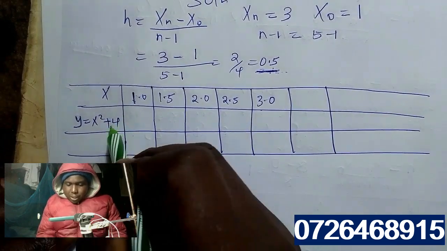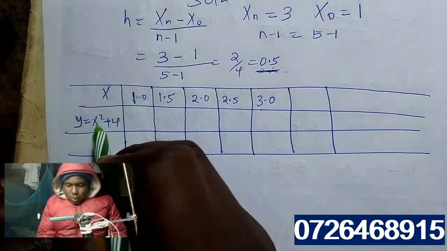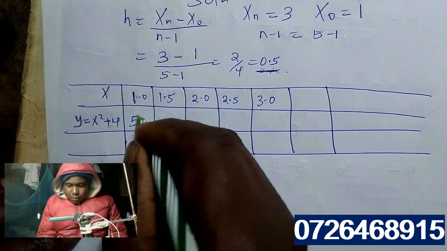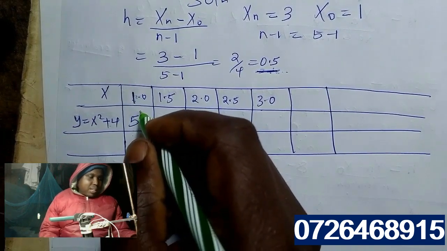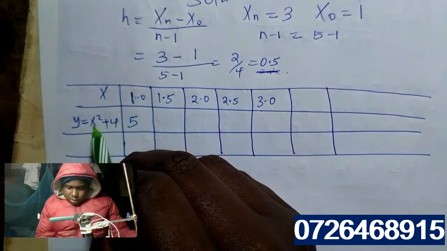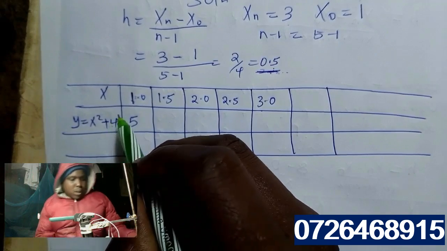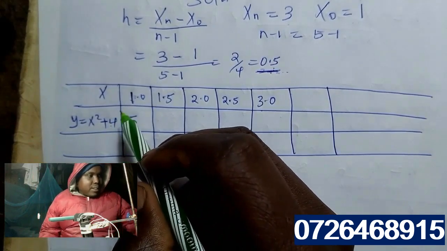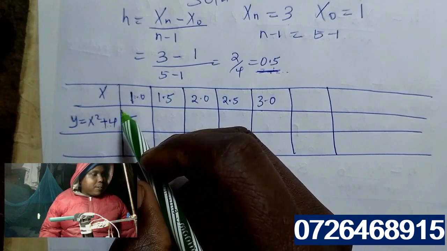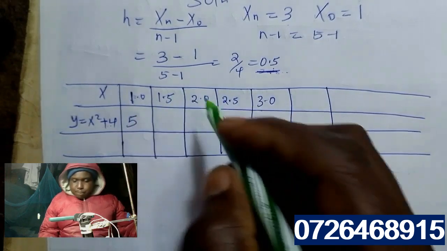Then you substitute the values of x here. If you substitute 1 here, it's going to be 5, because this is 1 plus 4, which equals 5.